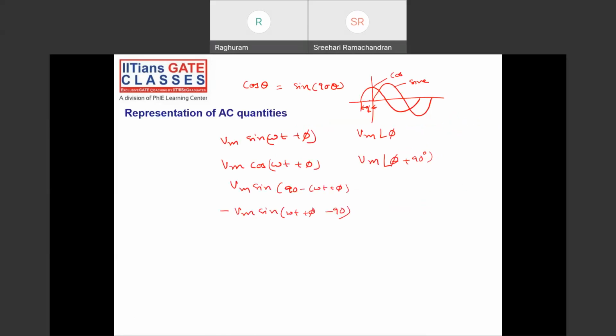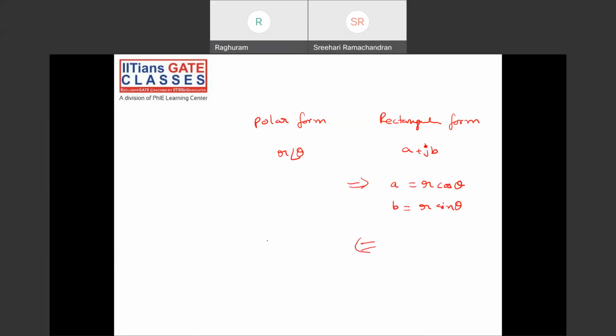In this way, R is equal to under root A square plus B square, and theta is equal to tan inverse B by A. This is my A, this is my B. This is real axis, this is imaginary axis.